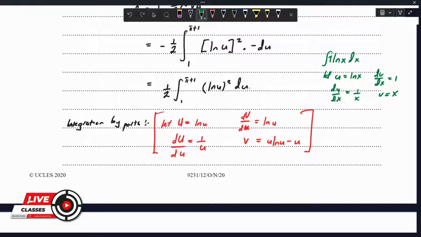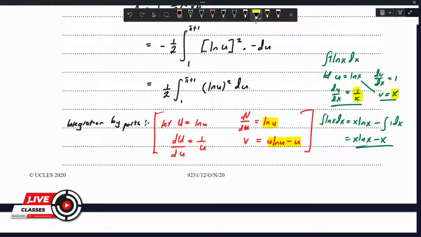So by parts, the integral of ln x with respect to x is uv, which is x ln x, minus the integral of v times du by dx. So 1 over x times x is 1. So basically, it's like we are integrating 1 with respect to x. So it's x ln x minus x. So if you integrate ln x with respect to x, you get x ln x minus x. That is the same thing here. If we integrate ln u, we get u ln u minus u.